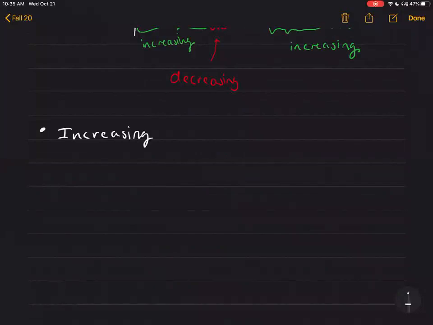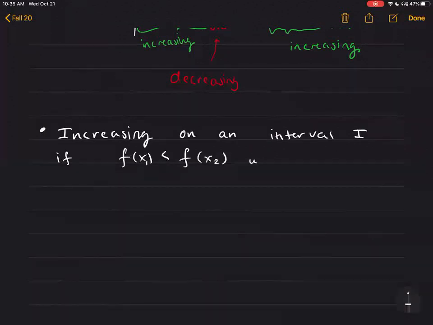Increasing on an interval. So some interval I. A function is increasing on interval I if f of x1 is less than f of x2 whenever x1 is less than x2.